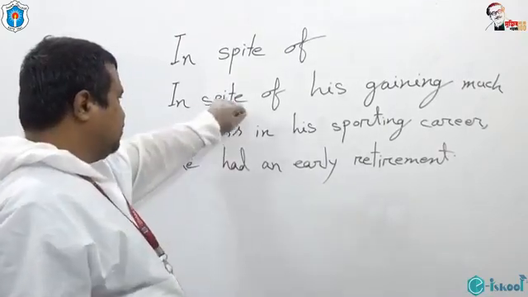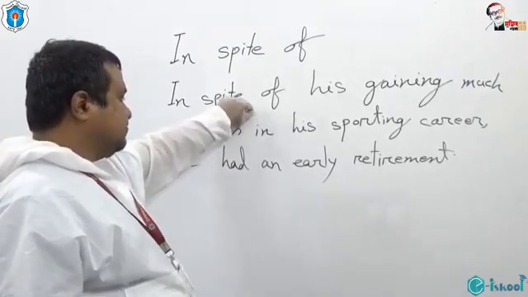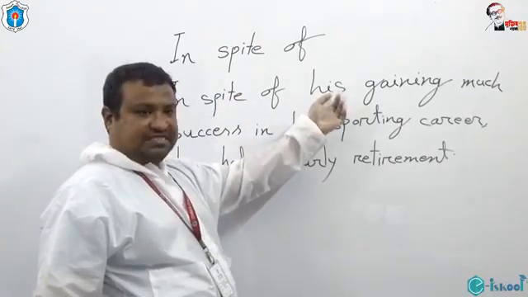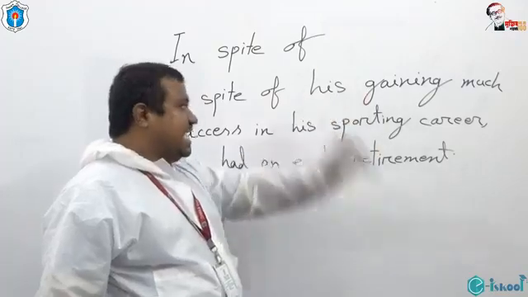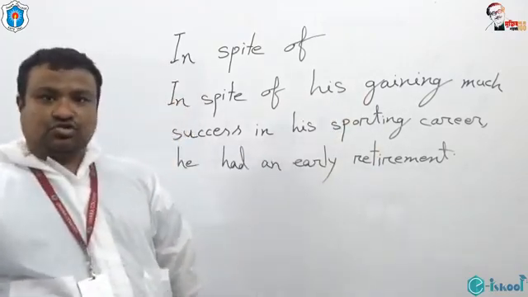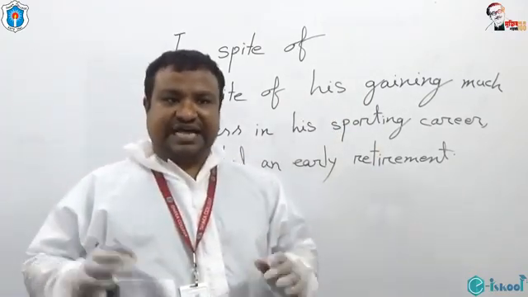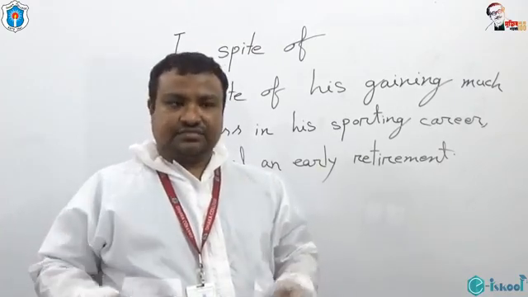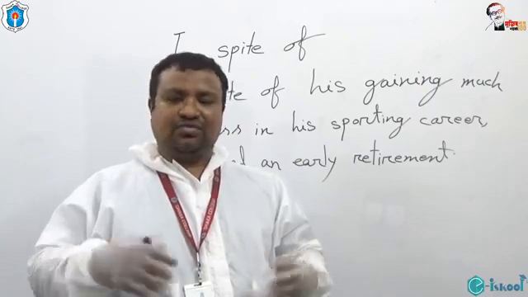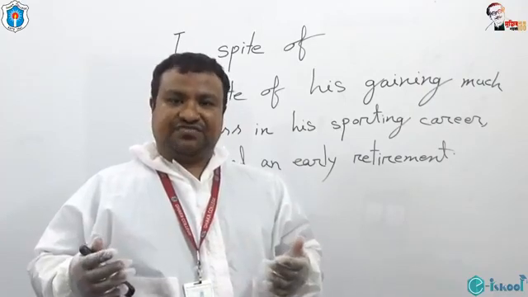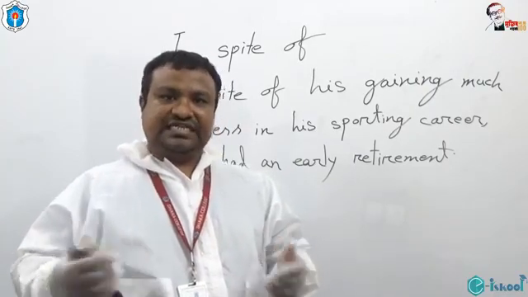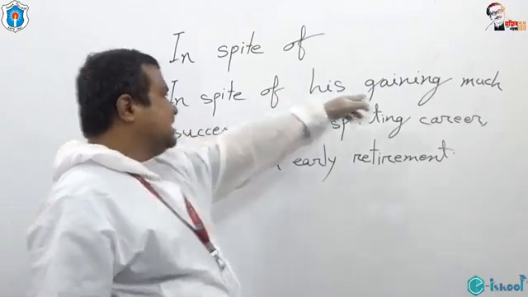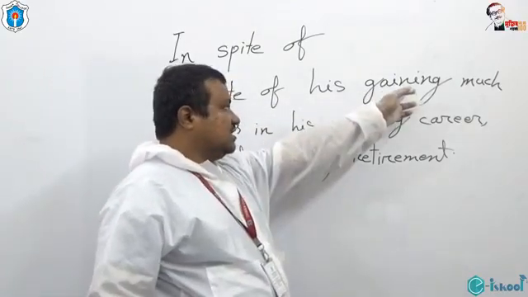In spite of, after this phrase, we see that as usual the possessive form of the subject, that is his, then gaining. So the main verb plus ing will be always there when we are using the phrase in spite of. That is, in spite of will be followed by the possessive form of the subject and then the main verb plus ing.